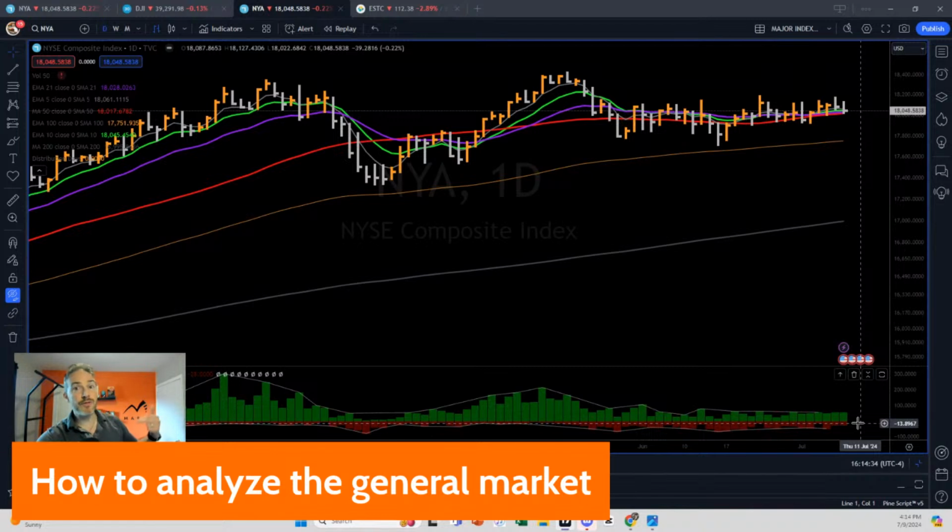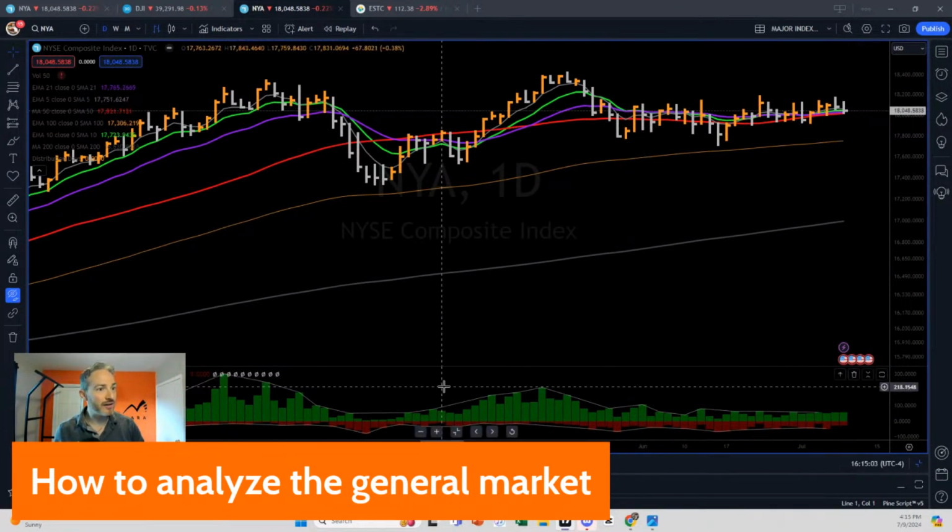So if the stocks within them stop making new 52-week highs after new high after new high, how is it going to be able to continue making new highs? Sure, it might be able to do it for a little while because they're weighted differently. Each stock is weighted differently within the index, but it's not going to be able to do it forever.